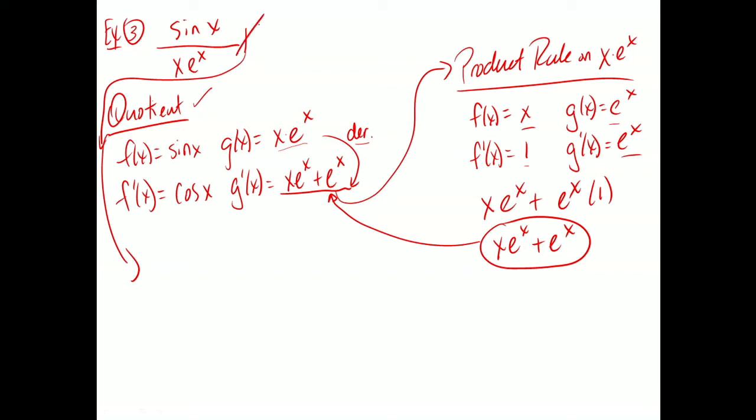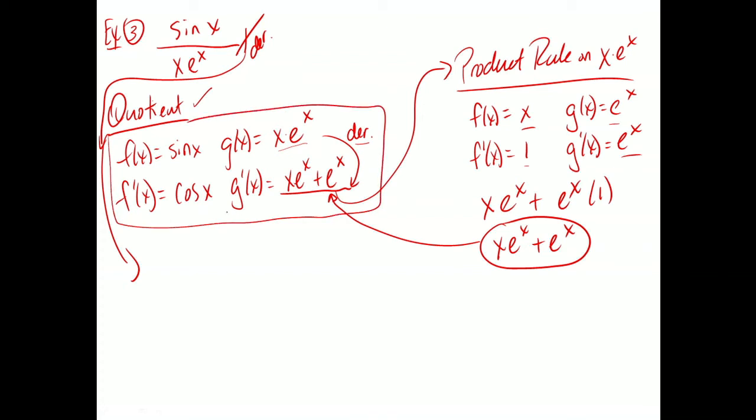So sorry, I'm coming down here to answer this question. The derivative of this guy up here is from the quotient rule, which I'm finally ready to assemble. I can finally put all the pieces together and see what we get.